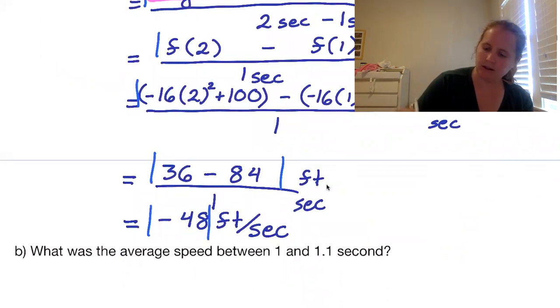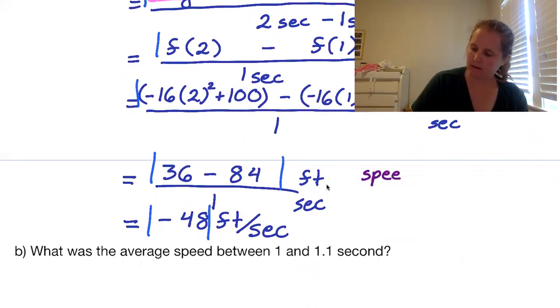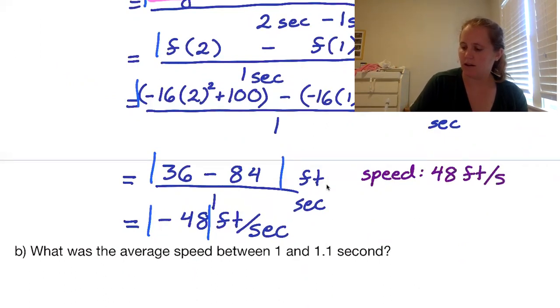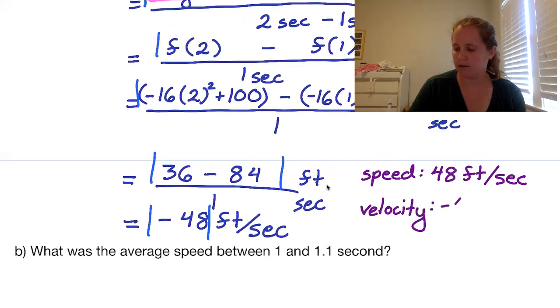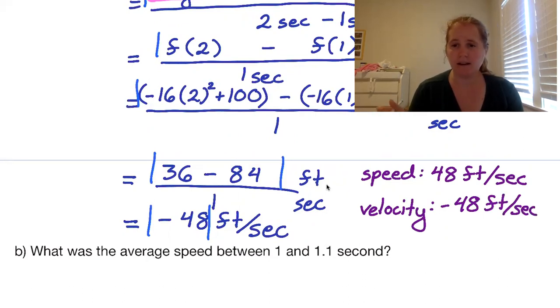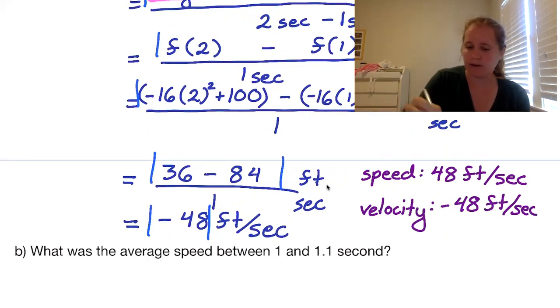So the speed, we would have 48 feet per second as the speed it's falling. The velocity comes with direction. We would leave that sign. So the velocity we would say was negative 48 feet per second, the negative indicating that the ball is falling downward.